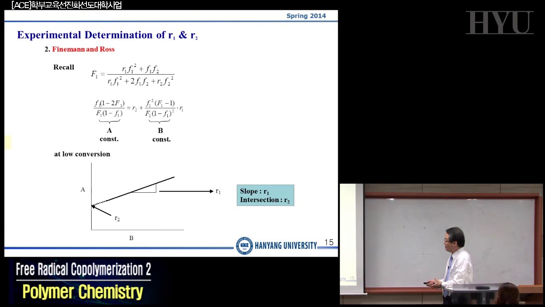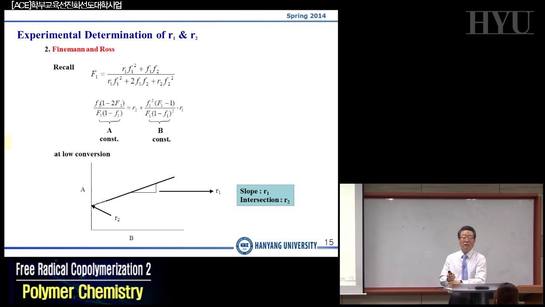At a given b1, b2, b3, you get a1, a2, and a3 values, so that you should have a linear plot, because theoretically a and b should be constant. Okay, so from the slope you can get the r1, and from the intercept you can get the r2.